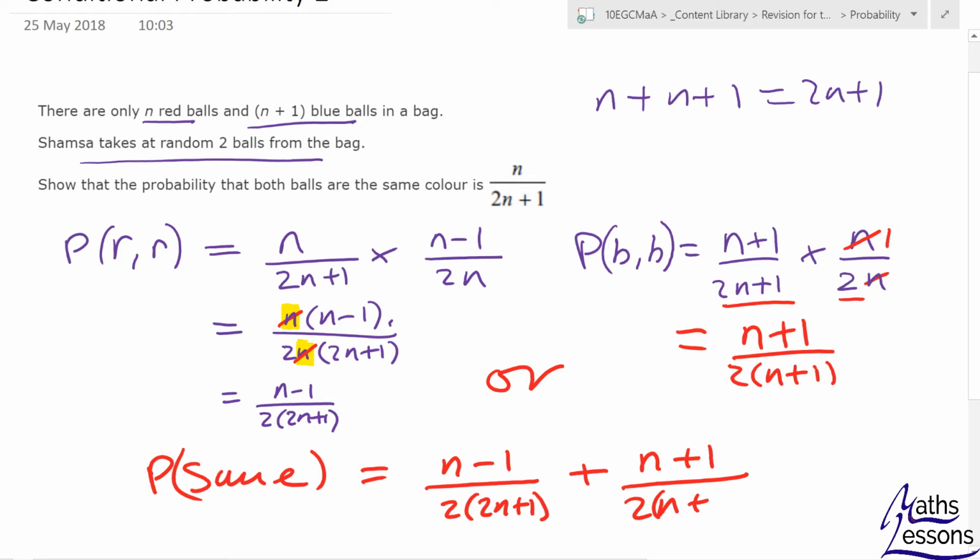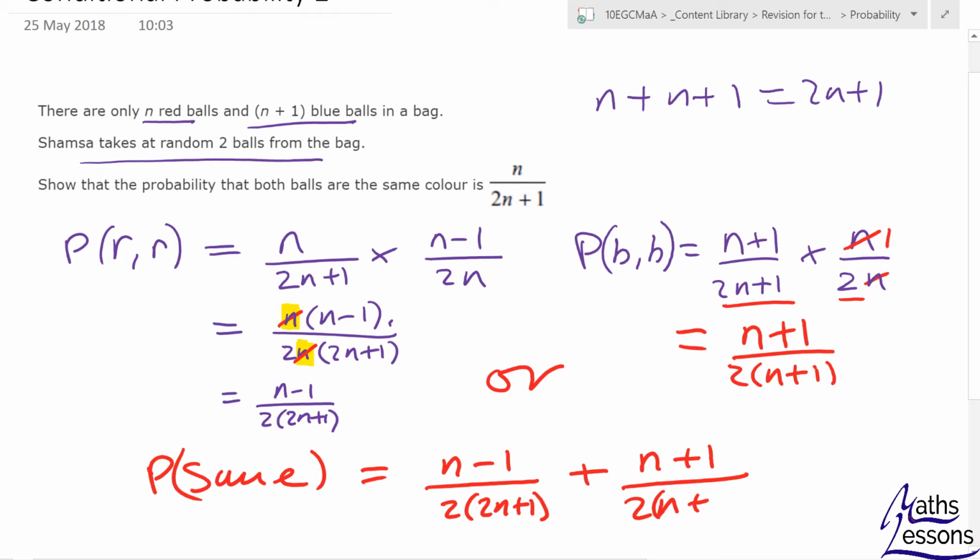And now we've got the same denominator, we can now add these fractions. So we can do n minus 1 plus n plus 1. That's adding the two tops, all over the denominator that's common to both. Remember, we just have the common denominator when we add fractions. If you imagine adding 1 quarter to 2 quarters, you just get 3 quarters.